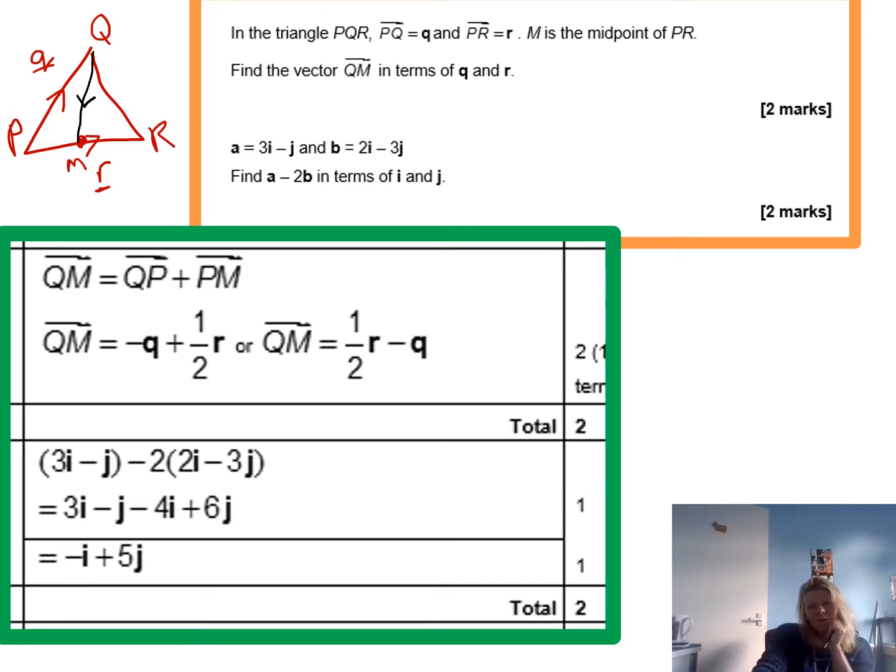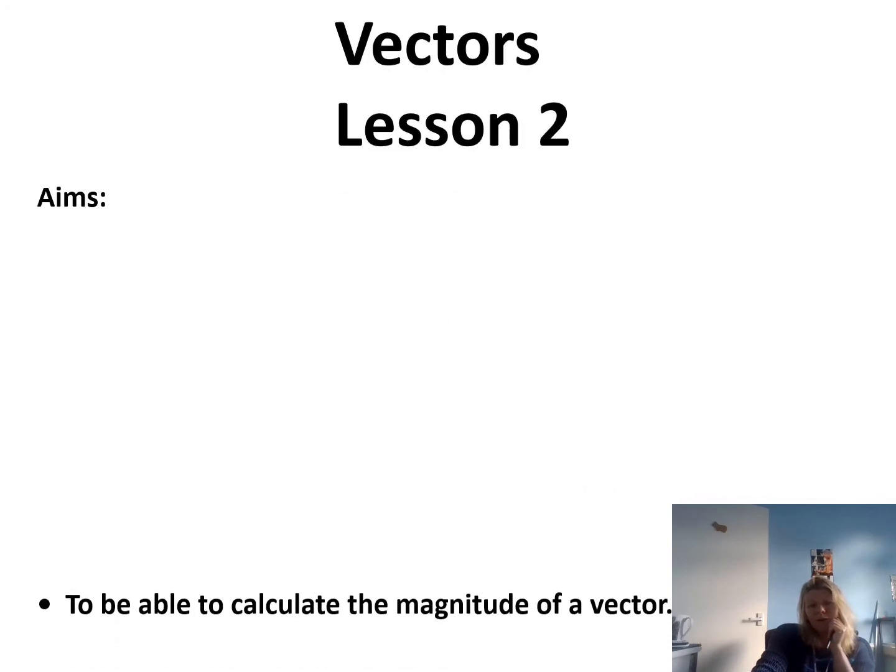Okay, so we're going to start vectors 2 now. So you maybe have your printout ready if you've managed to print out the slides, and then you can just fill in the gaps.